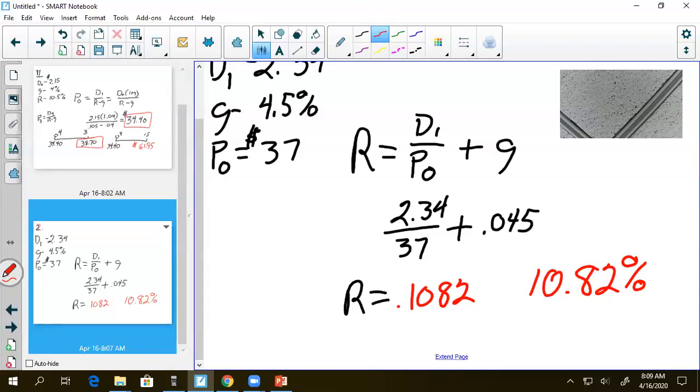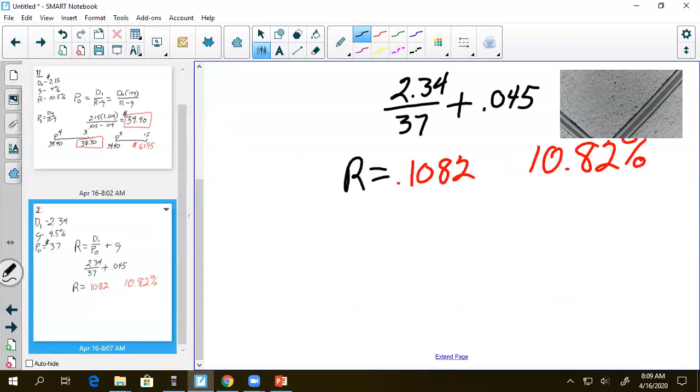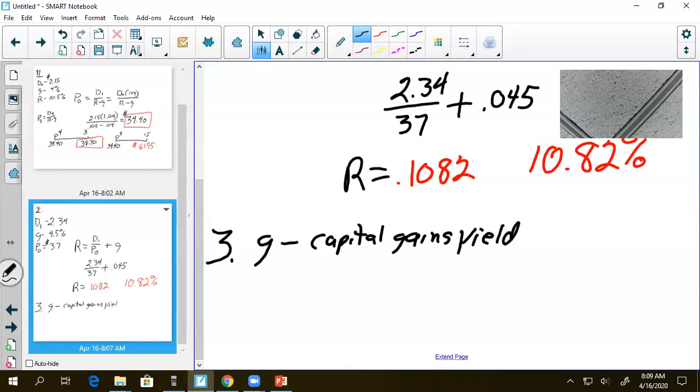So if that's the case, number 3 is referring to this same problem. So I'm just going to put 3 right here. Number 3 says, with the previous problem, what is the expected capital gains yield? Well, we said G is our capital gains yield. So we know that that is 4.5%, right?